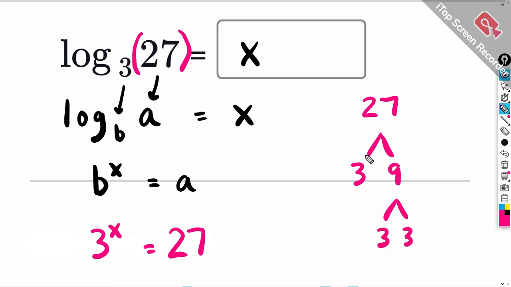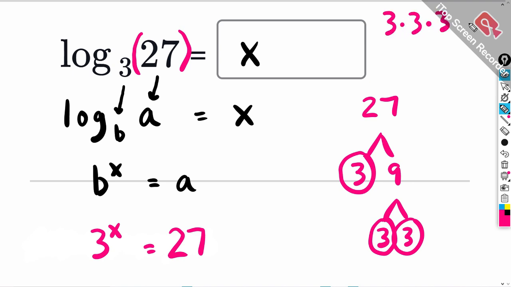And that's it. 3 times 3 times 3 equals 27. In other words, 3 to the third equals 27. All right, so clearly x equals 3.